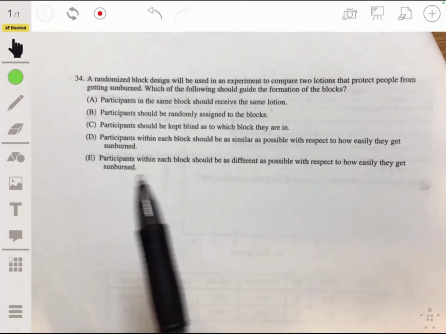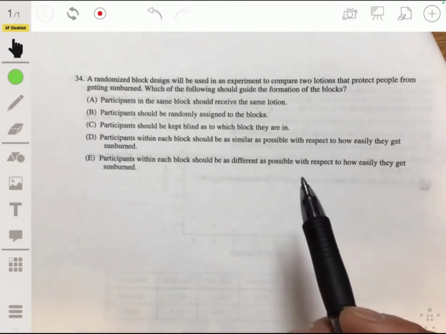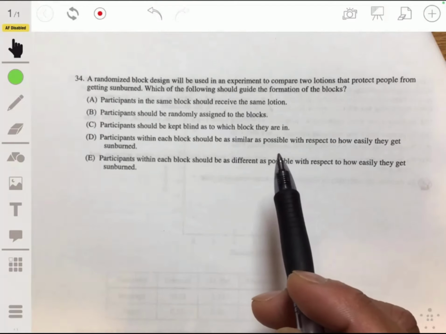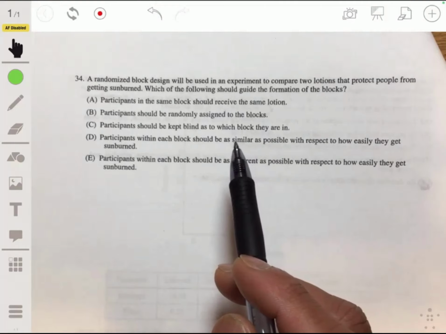Okay, so again, when you're doing an experiment, it's pretty similar to doing stratified sampling. You want to make blocks where you think there's a variable that could affect the results systematically.